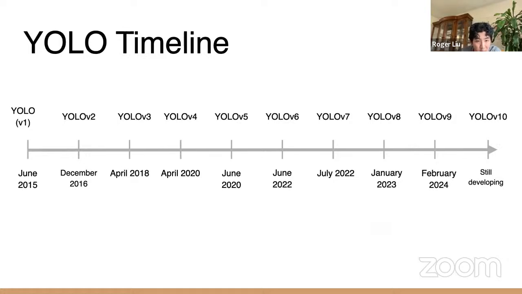YOLO v4 was released in 2020, and it introduced mosaic data augmentation, a new anchor-free detection head, and a new loss function. This was led by Alexey Bochkovskiy. I'm definitely pronouncing that wrong, but they incorporated advancements such as the CSP Darknet 53 backbone and other various techniques to improve accuracy. The model that I chose for this specific project was YOLO v5, and this was the first model developed by Ultralytics.